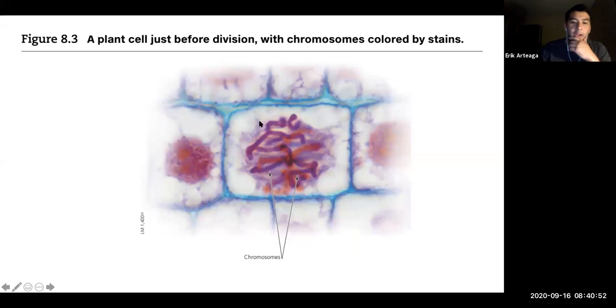So here we have colored chromosomes. This is a plant cell just before division. Again, these chromosomes are colored with stain. All right, so you can see this organization of DNA with protein very nicely here. And this looks like it's in anaphase, or no, telophase.